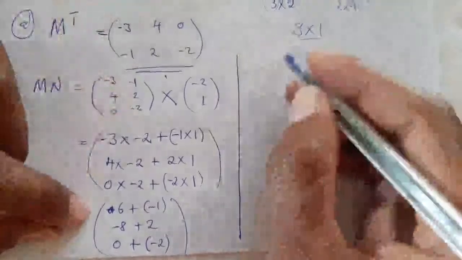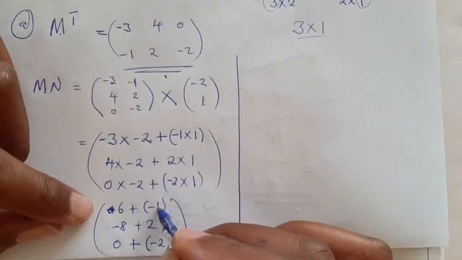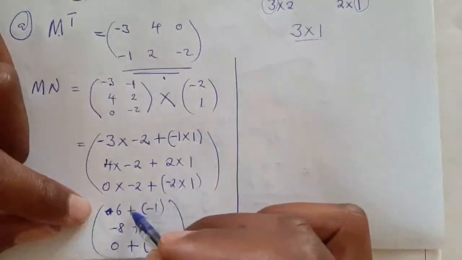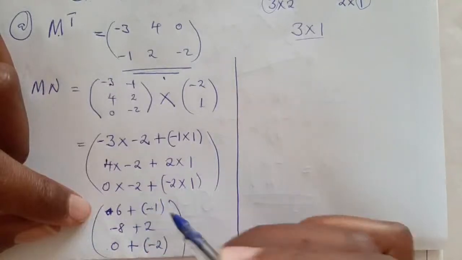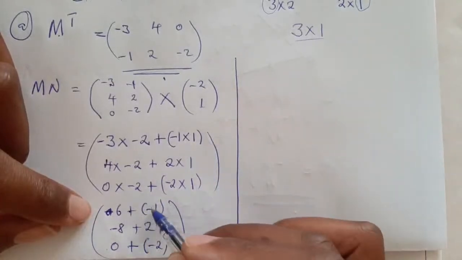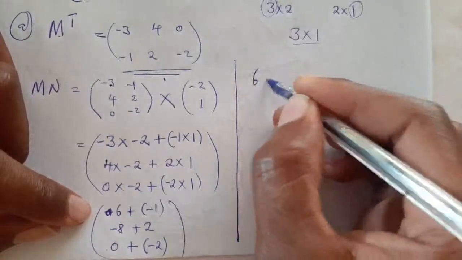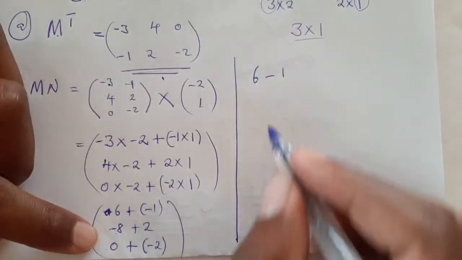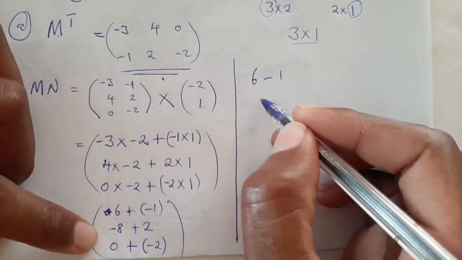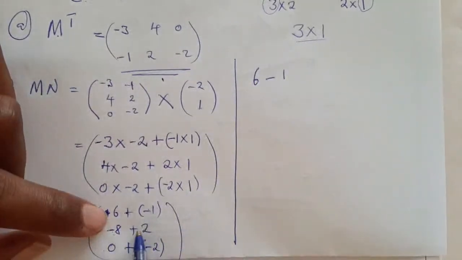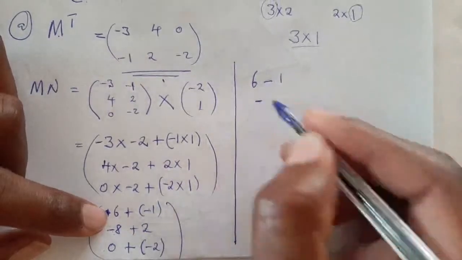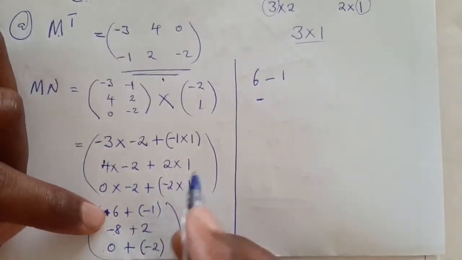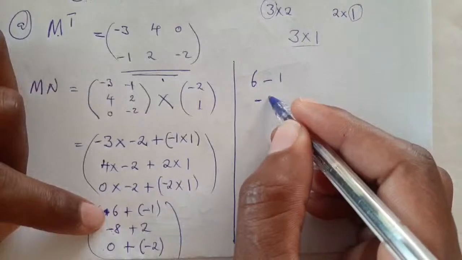Then this now will give us the answer of 6 plus negative 1. Positive and negative there, we remove the brackets first of all. So positive times negative, we'll have 6 minus 1. Then here, the final answer will give us what? We are subtracting different signs and getting the sign from the bigger number. So if we get a 2 from there, we remain with 6.